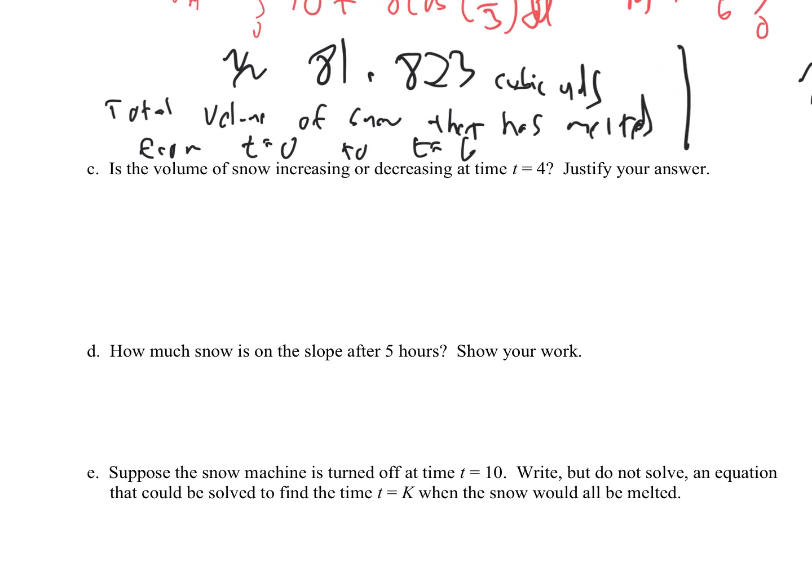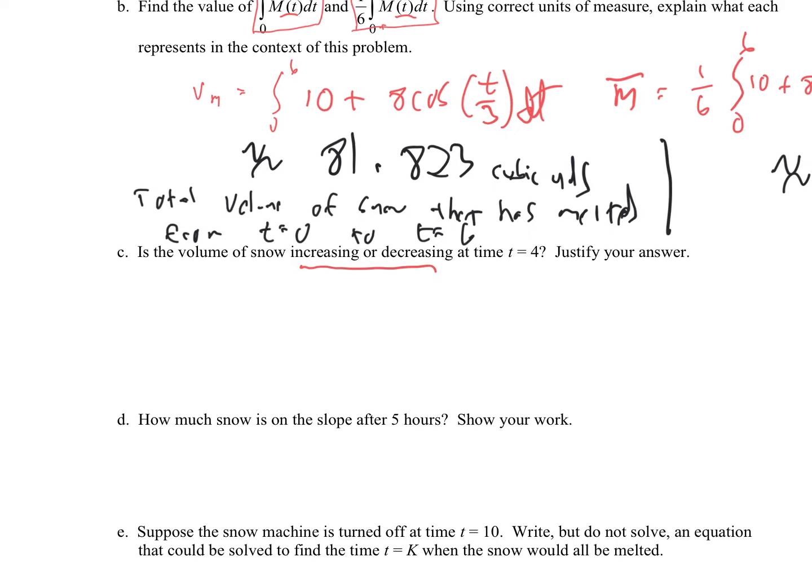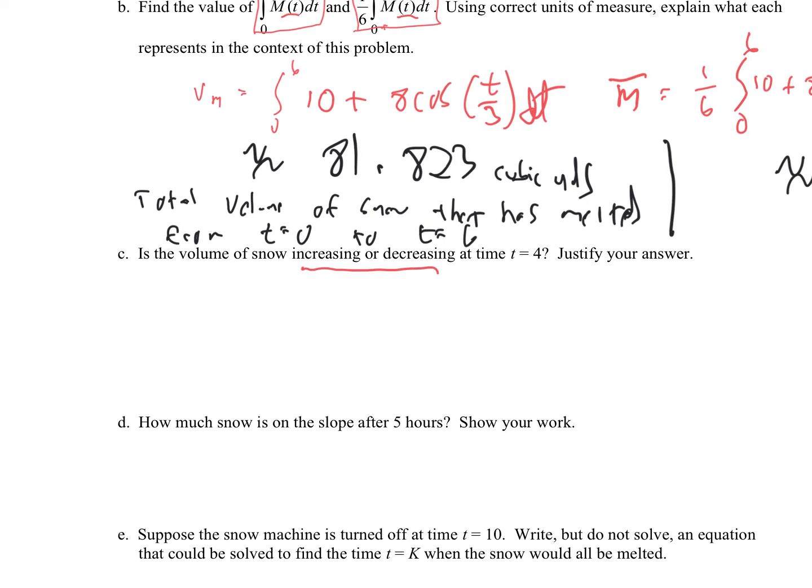C, is the volume of snow increasing or decreasing at time t is 4? Well, to talk about increasing or decreasing, don't I need the derivative? Wouldn't I have to know what was going on at 4?